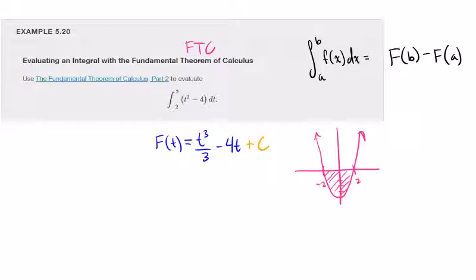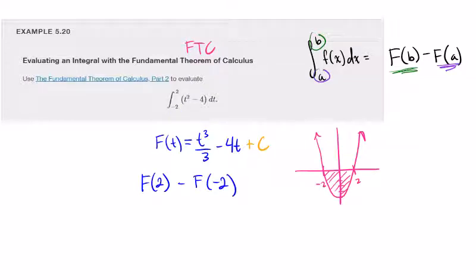So remember that the fundamental theorem of calculus says that if I plug b into the antiderivative and then plug a into the antiderivative and subtract those values, that will give me the area under the curve. So I'm going to do F of 2, that's b, minus F of -2, which is a.